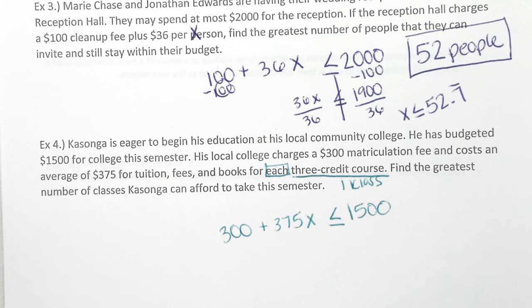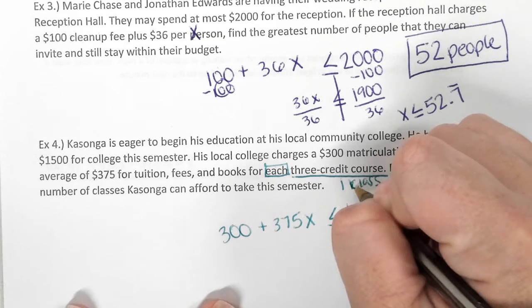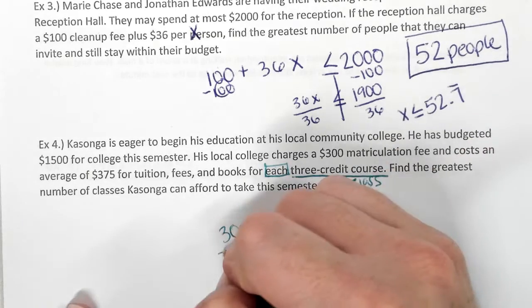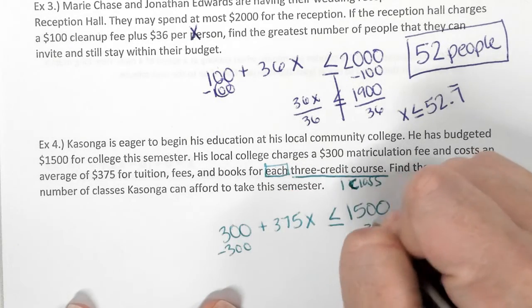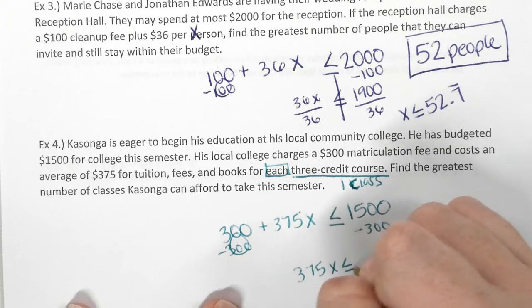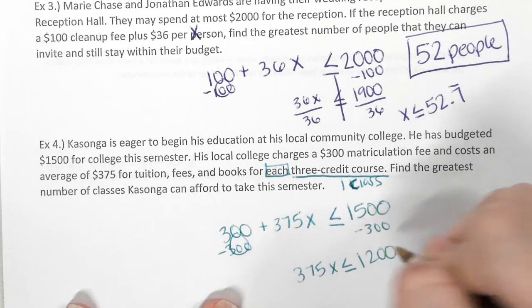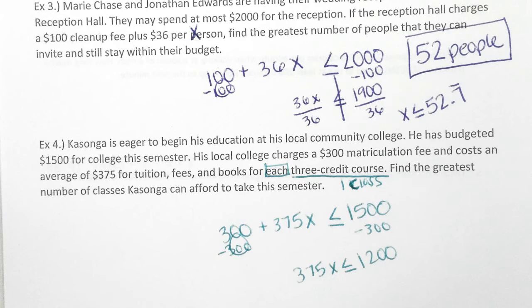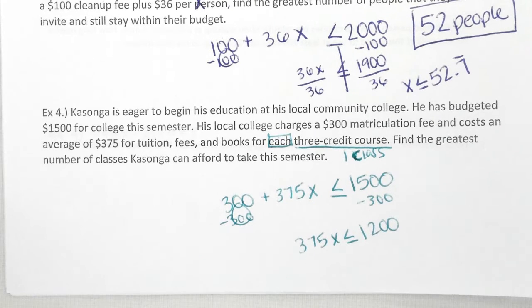So how do we solve this? I get 375x is less than or equal to $1,200. No, I was about to say dollars. I mean, yeah, it is dollars. Last step.